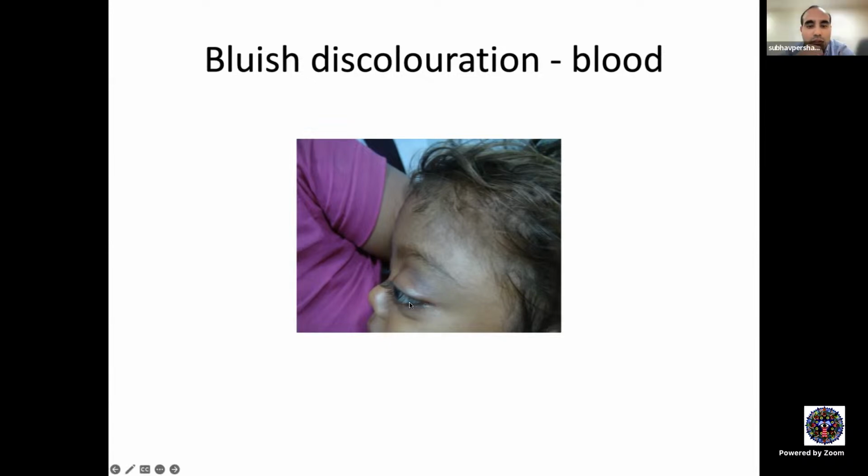The discoloration and the fullness of the upper lid. The conjunctiva is not injected. In orbital cellulitis, you will get an injected conjunctiva also along with the proptosis and inflammation on the lid. Here the lid is not inflamed. Only the eyeball is proptosed and the lid is bluish in color.